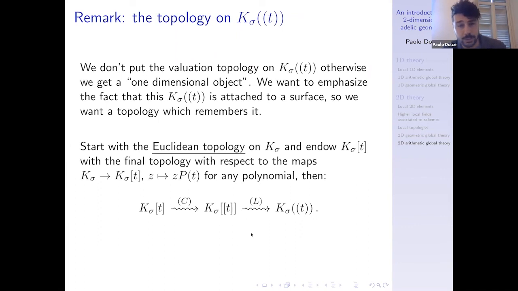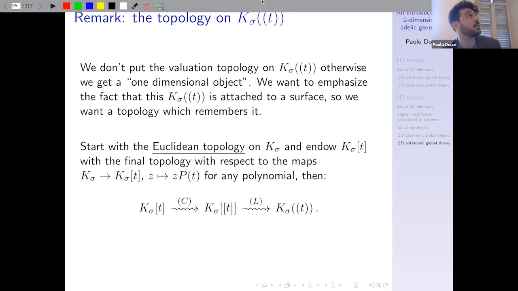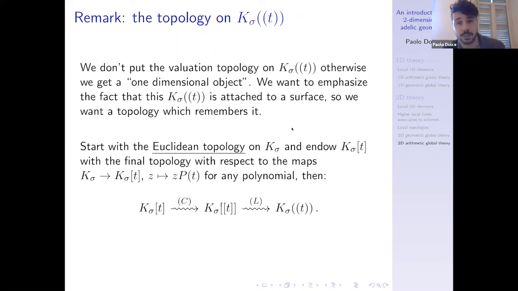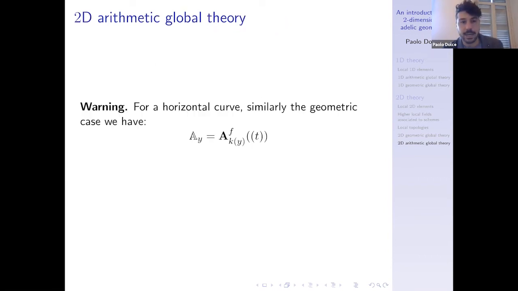With this approach to the topology, you get a topology which is not the valuation topology, and the topology of the residue field is the Euclidean one. So we start with the one-dimensional topology on C or R, which is of course not the discrete topology. We start with the topology of a local field, because we want to remember that the residue field is a local field and not a discrete field. Okay, this was just a remark.